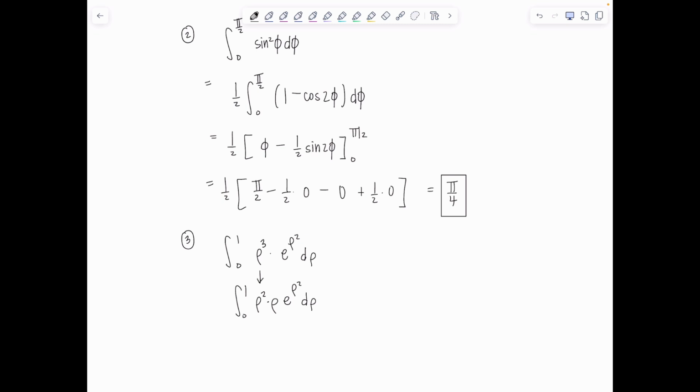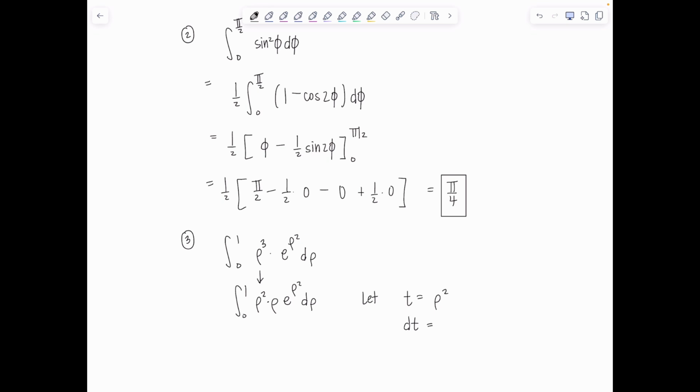You're going to have something extra in there, so we're going to need to do integration by parts after. Since I know by parts is coming, I'm going to save u and dv. I'm going to let t be, take a guess, rho squared.